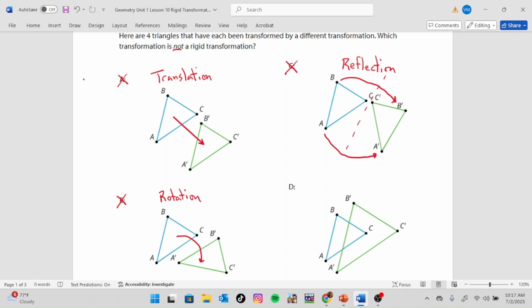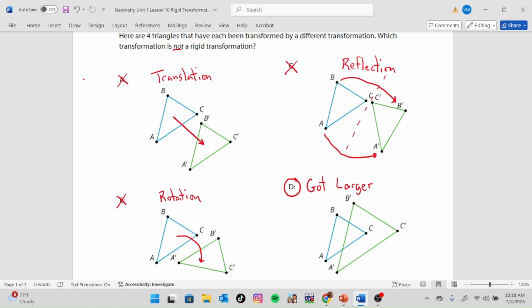If you look at D, what happens is that the green triangle, the image, is bigger than the blue triangle. So this actually got larger. And if it got bigger, then that is not congruent. And that means that they are not a rigid transformation because the side lengths are no longer the same size.